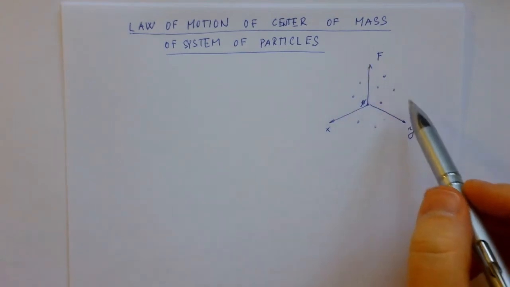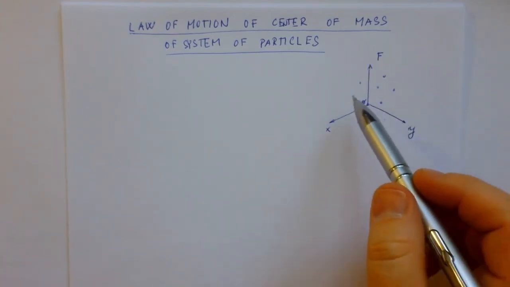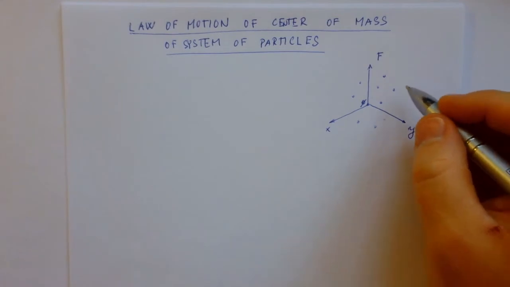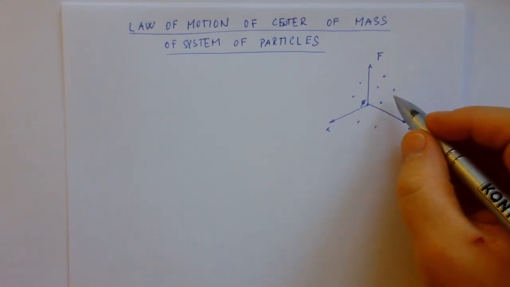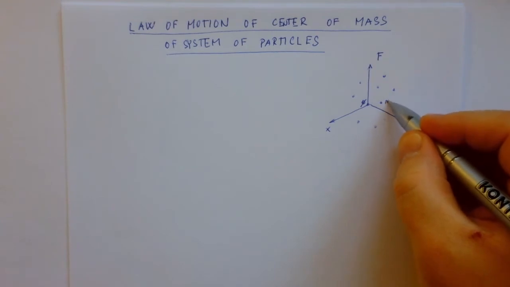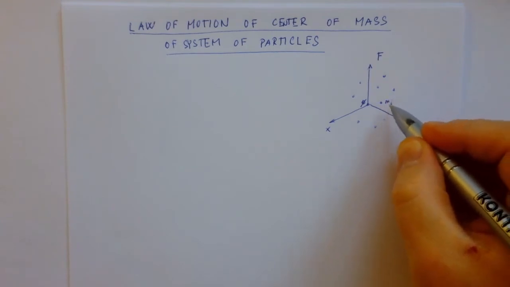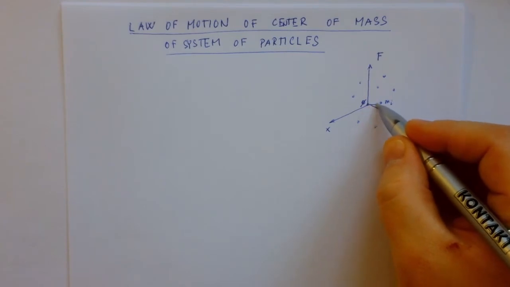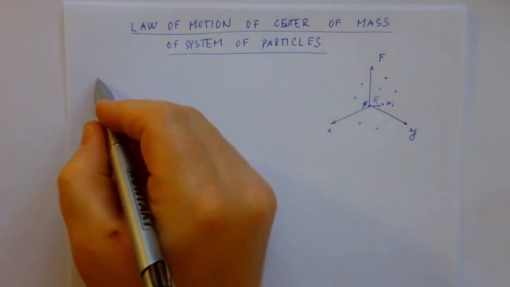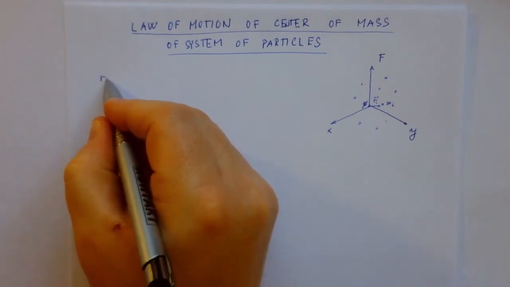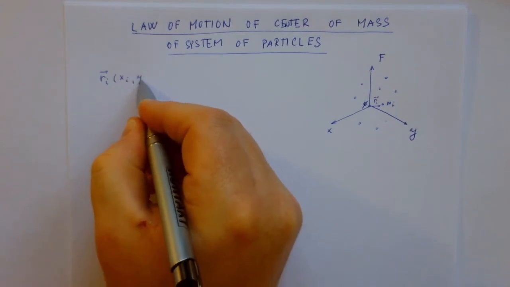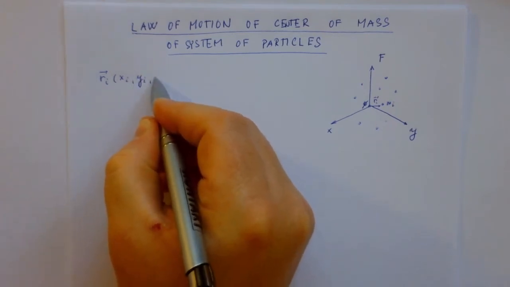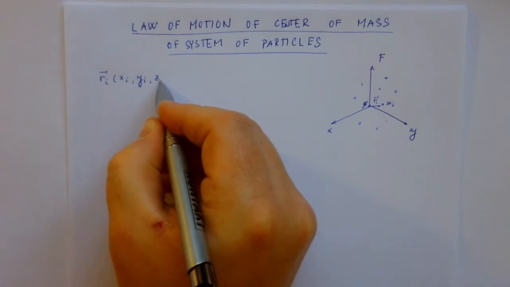So if we have many particles in the system, so for example we have ith particles, so there is mi, and this position is denoted by displacement vector ri, so ri has coordinates xi, yi, and zi.